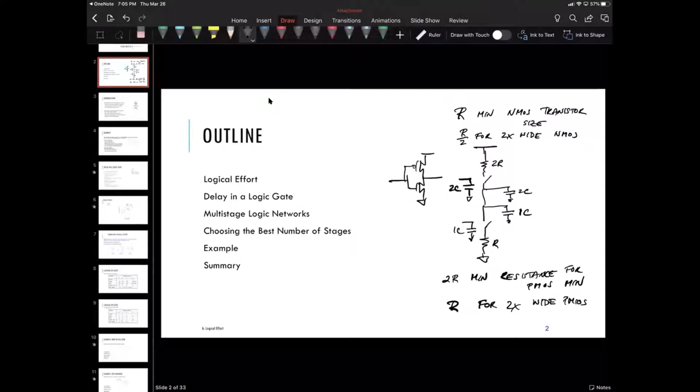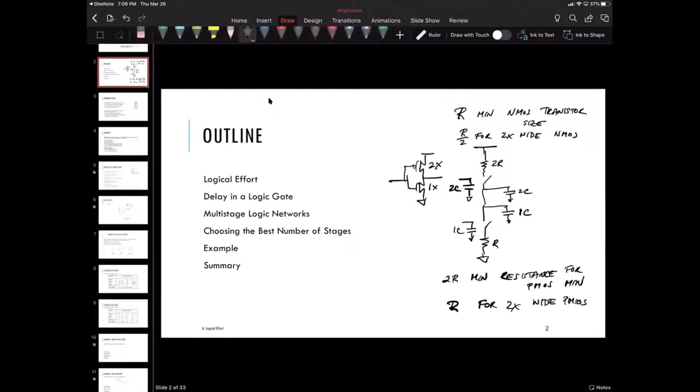And that's why we would make the PMOS, for typical cases or assumptions, 2x size and the NMOS 1x size, to make the rise and fall times equal. So this is all we talked about, I think, the lecture before the midterm. So hopefully you guys remember that.